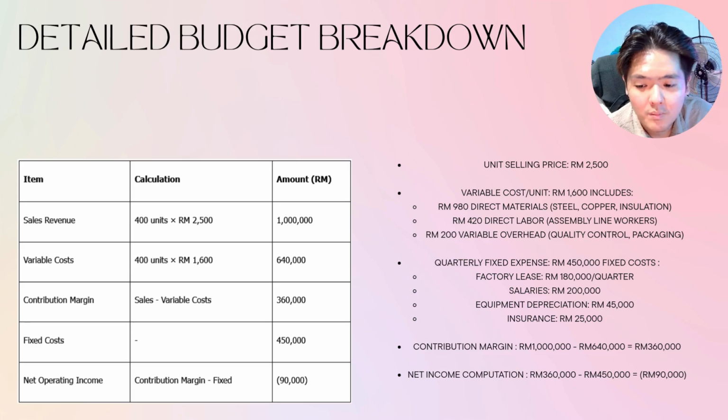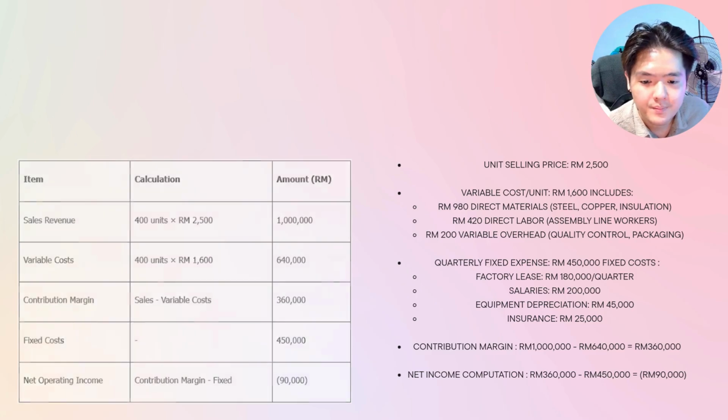For the final part, the net operating income, we subtract the fixed costs from the contribution margin and get around negative 90,000 ringgits, which basically means for 400 units we are not making any profit, we're actually making a loss.